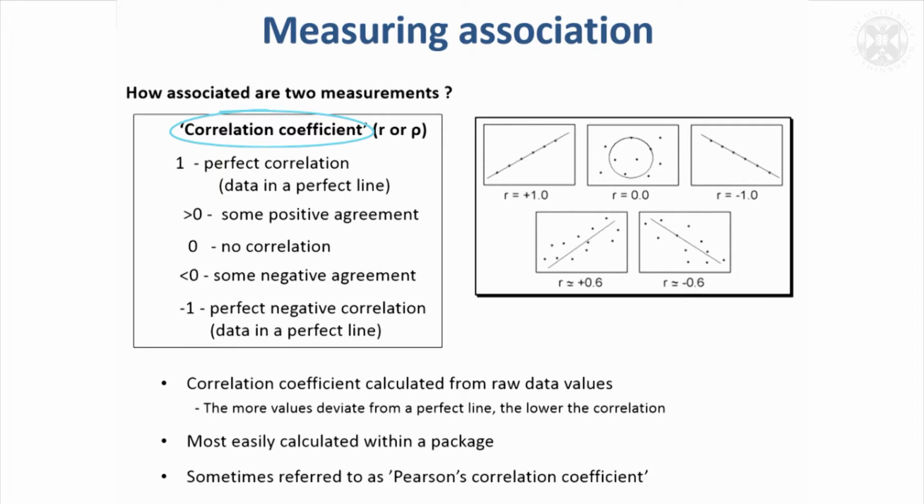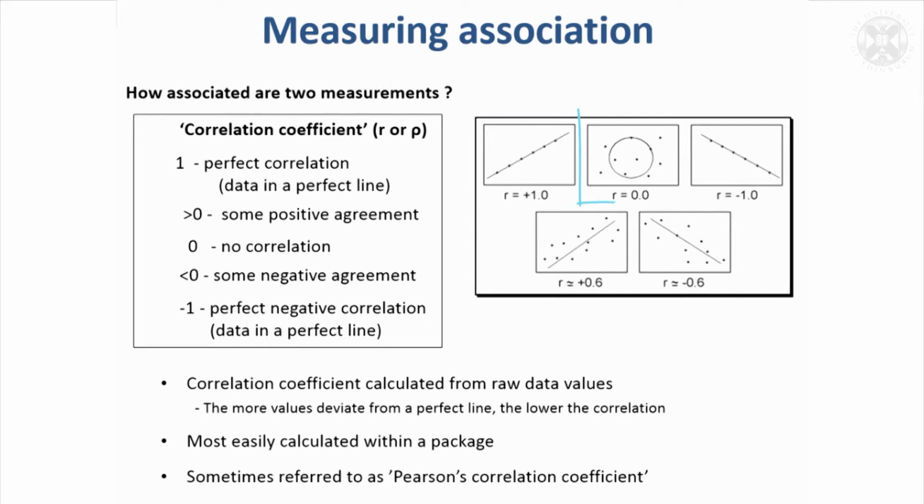If we first think about measuring the association, there's something called the correlation coefficient that conventionally gets used. Just to give a feel for what sort of numbers you might expect from it, imagine two measurements, one plotted on the y-axis, one on the x-axis. If they fell exactly in a line, so you could put a straight line through them, you would say they had a correlation of 1, and this R is often used to denote the correlation coefficient.